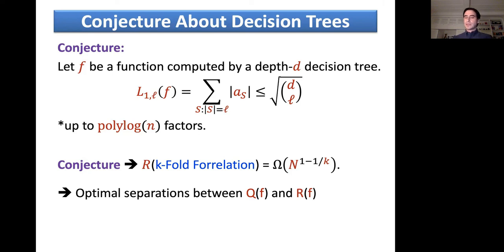Notice that this is not a big difference for small values of L, but it is a big difference when L grows. In fact, if this conjecture is true, then the lower bounds that we get to the randomized query complexity of Rorrelation can be improved to n to the 1 minus 1 over k. This gives optimal separation between the quantum query complexity and the randomized query complexity if the conjecture would be true.